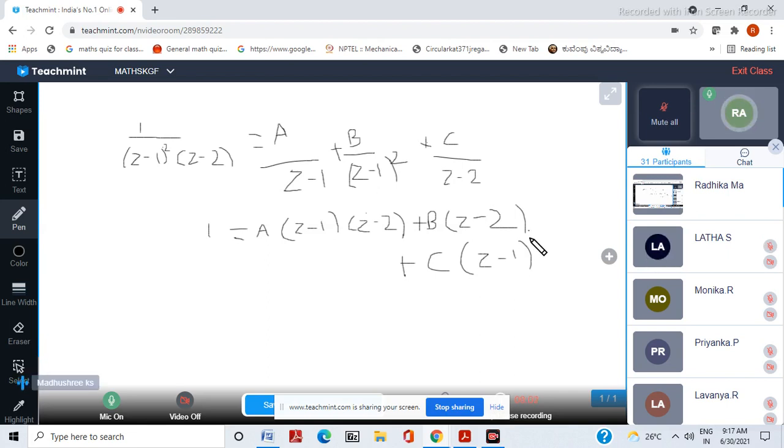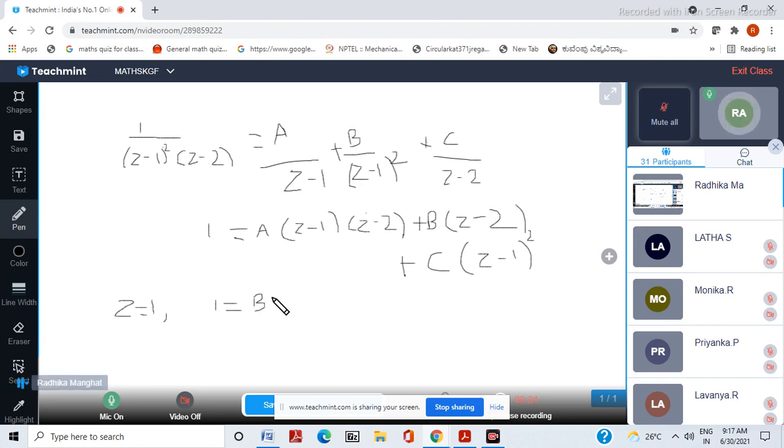Now what will we do? We will substitute. First we can substitute Z equal to 1. When you substitute Z equal to 1, the A part will become 0, the C part also will become 0. Then on the left hand side, 1 equal to B into minus 1.